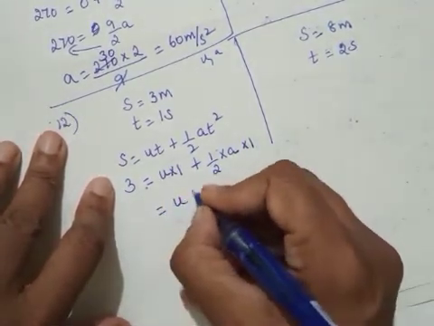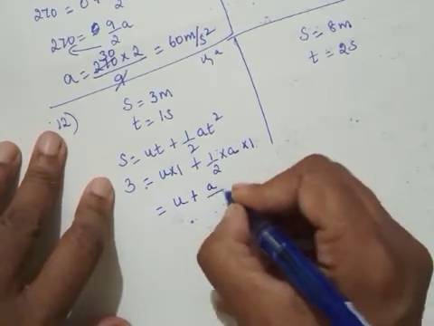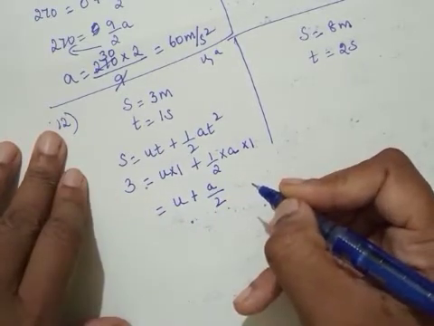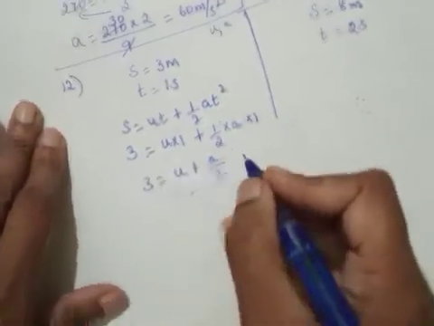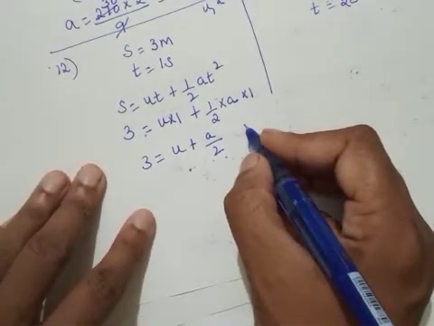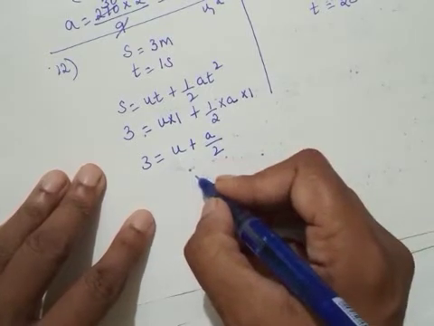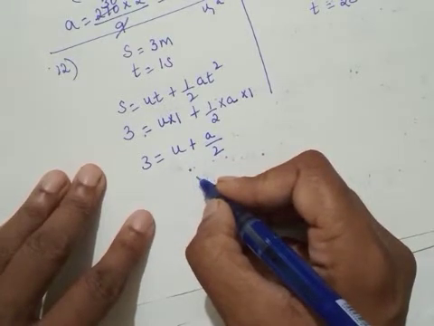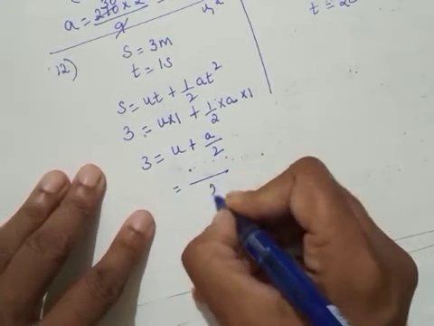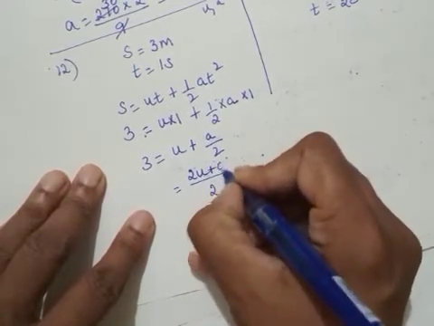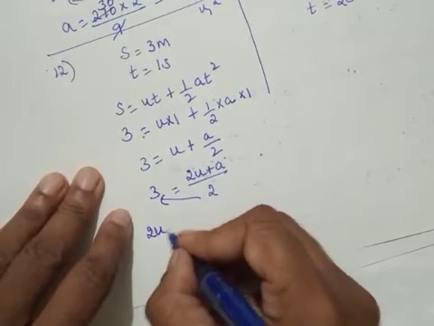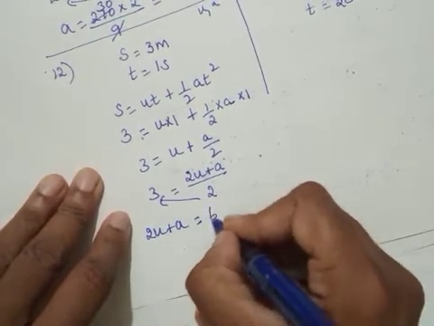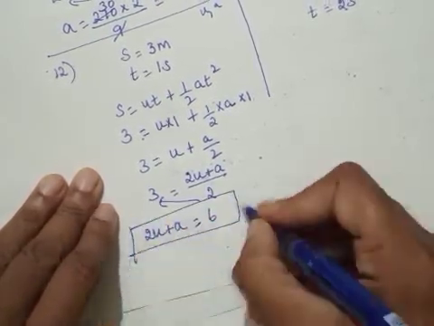So U plus A by 2. 3 is equal to U plus A by 2. Take LCM, 2U plus A is equal to 3, cross multiply, so 2U plus A is equal to 6. Now this is one equation.